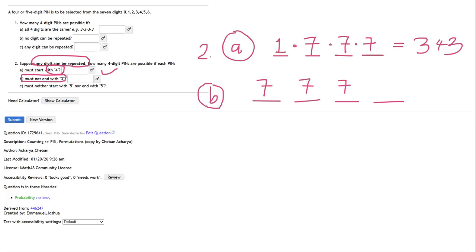So you only have 6 choices for the last digit.